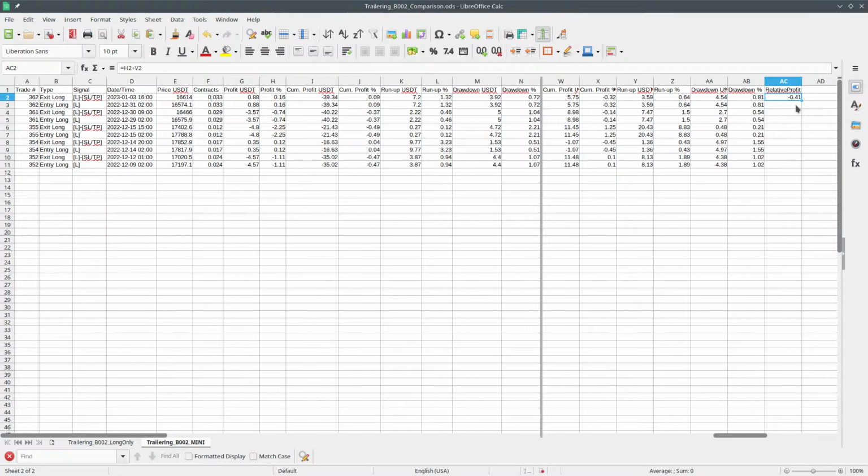And now we can work out if this is worth it or not. So if we get the sum here, we can see how this is minus 0.40.